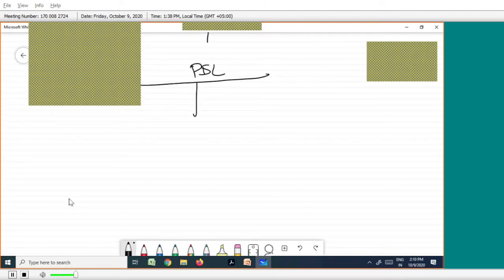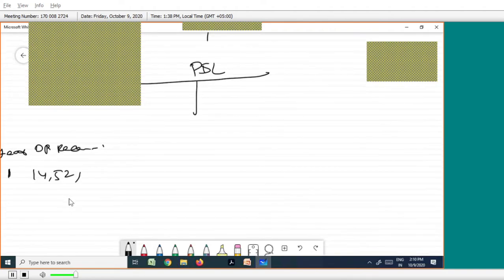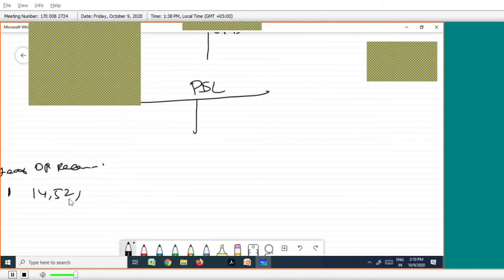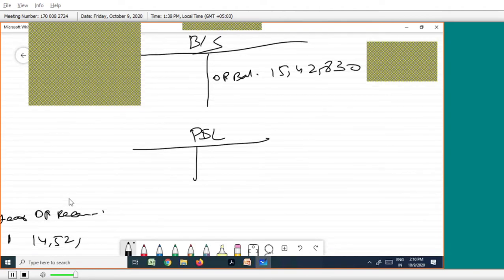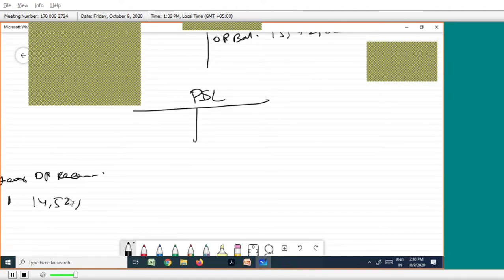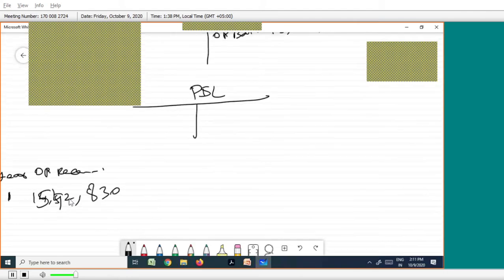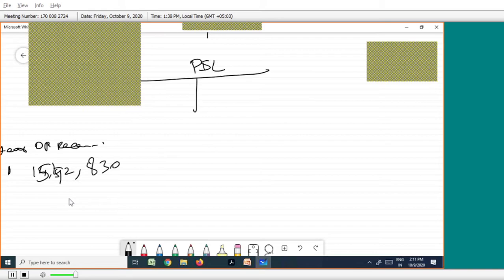So receivables, opening receivables, year 1, 15 lakh 42,830 is my opening balance. Every year I have to do two things.